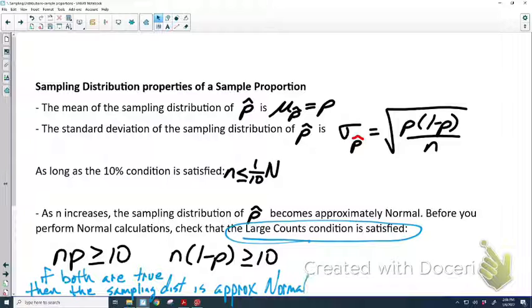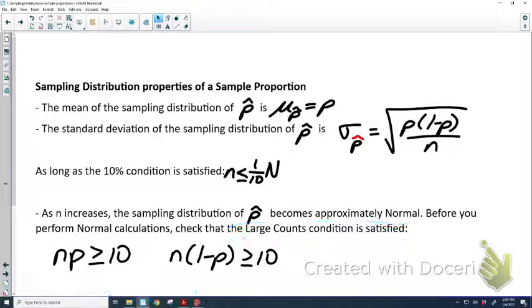And you have to show it. You have to plug in the numbers and show that both check out. Even if it's obvious that they check out, you still got to plug in the numbers and prove it. Think of this page, these properties, as almost like citing your work in a research paper. You're proving why you're able to do the math that we're about to do on this problem. So it's important that you write all of this down when you have a sampling distribution problem.